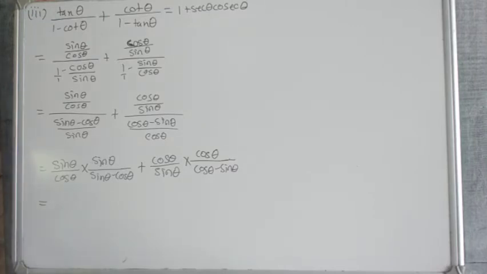Now one thing you must be careful about: one is plus, one is multiplication. Here is multiplication, here is not LCM. People used to make the mistake, they started taking LCM here. There is no LCM, there is just multiplication.